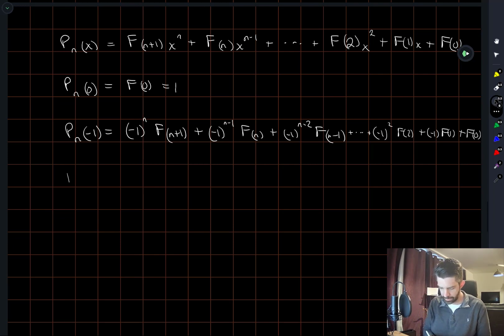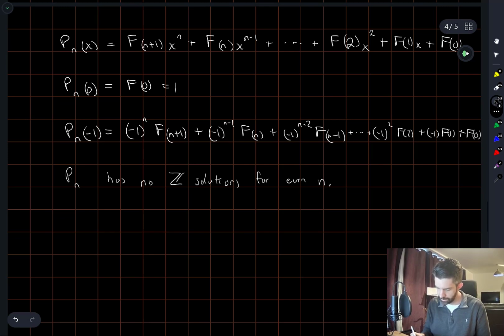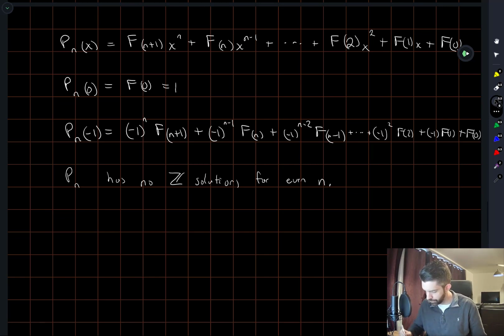So I think Pn has no integer solutions for even n. I think I'd have to retrace my steps here and go through that in more detail again, but based on what I've said, I don't know if I've made a silly mistake, but okay, that's sort of my first thing.